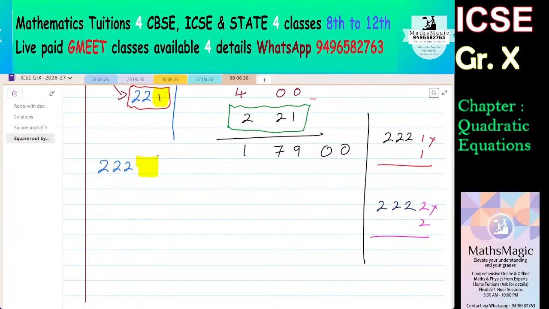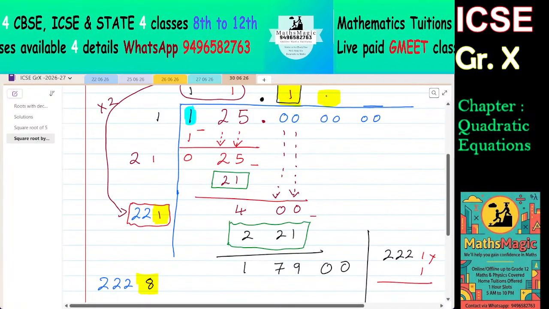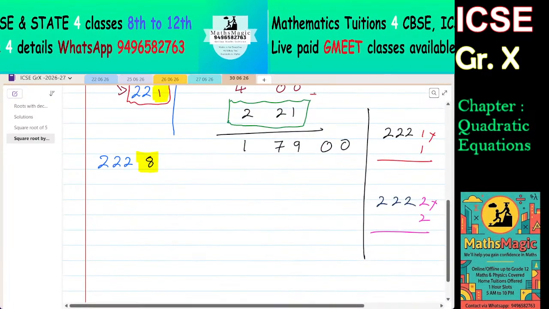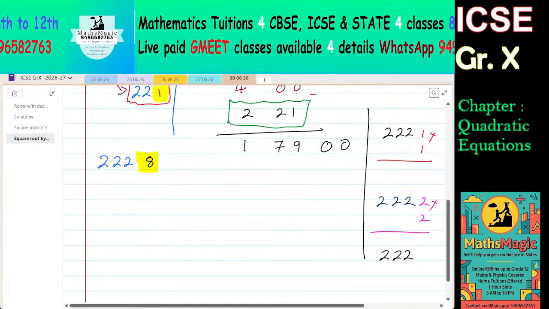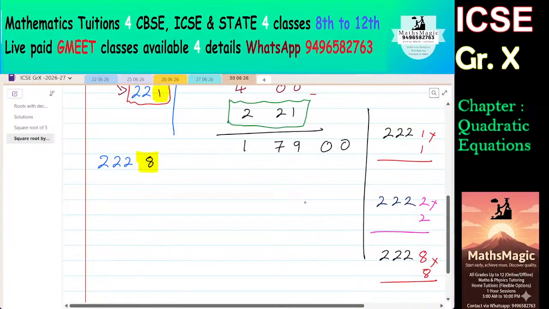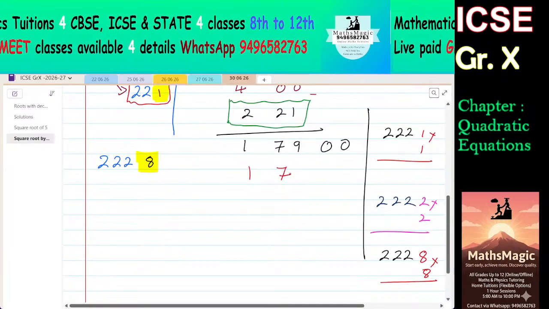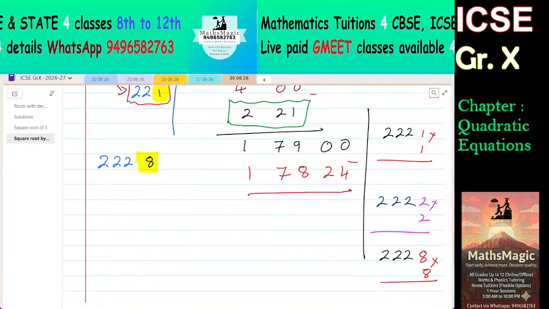Okay, on repeated trials, you will get 8 as the closest number, and you need to have triple 2, 8 multiplied with 8 to get 1, 7, 8, 2, 4, and you need to subtract.